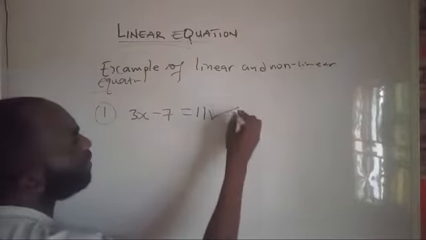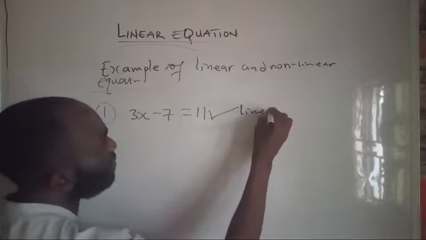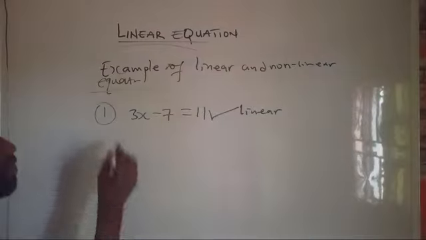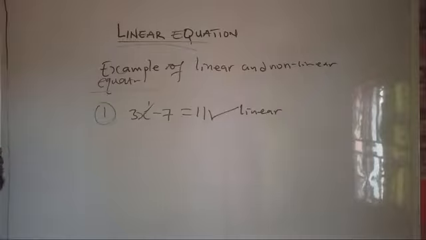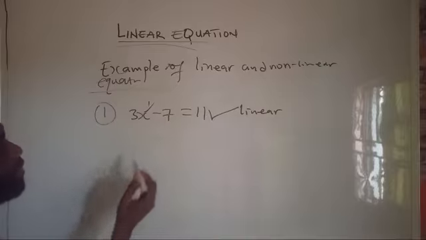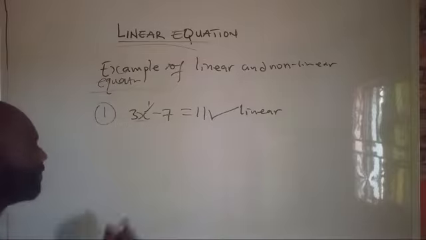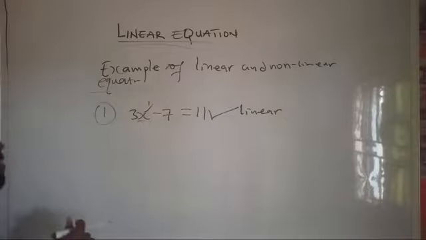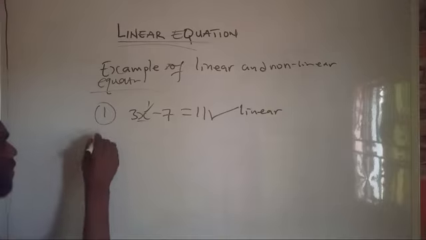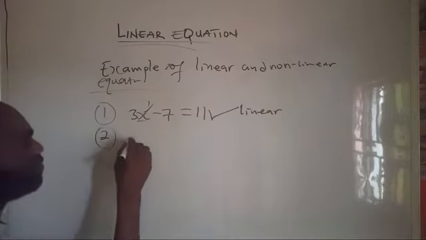This is linear. Why? The power of x here is 1. You cannot see that 1. So any equation where the power is not written, just the alphabet, means the equation is linear.